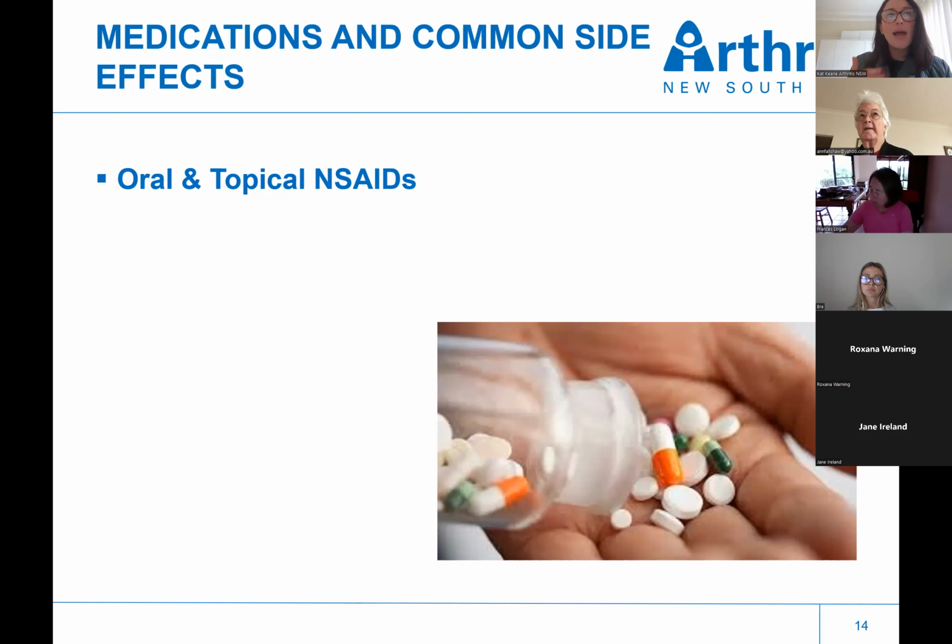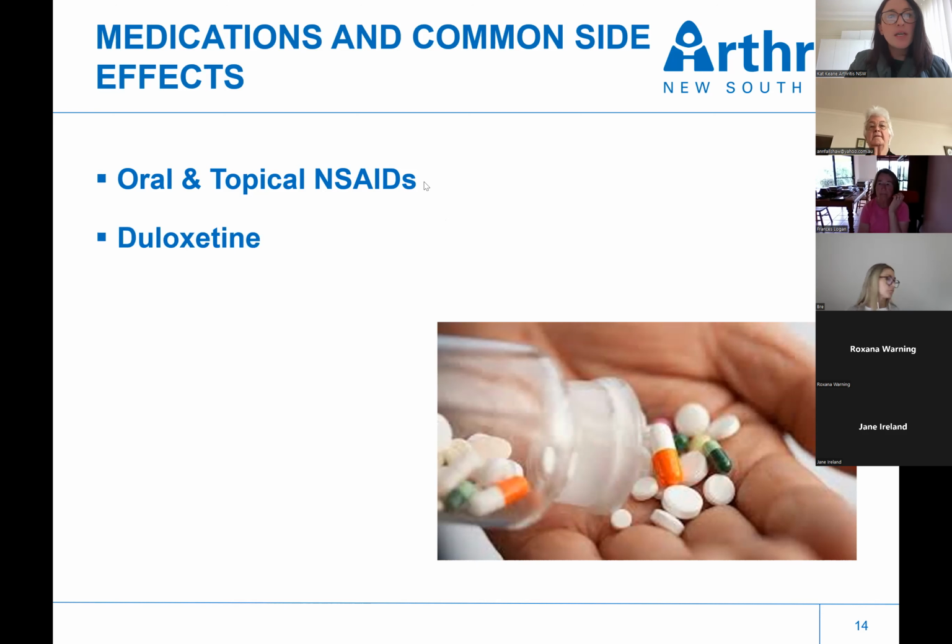Long-term use, though, can actually put you at risk of developing heart disease, which is why we may see it more commonly in people with arthritis. So if you're treated with NSAIDs, you're at higher risk of developing this, whether it's osteoarthritis or an inflammatory type, and particularly, again, long-term.